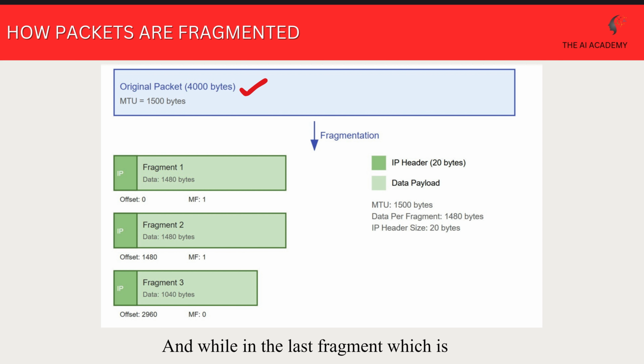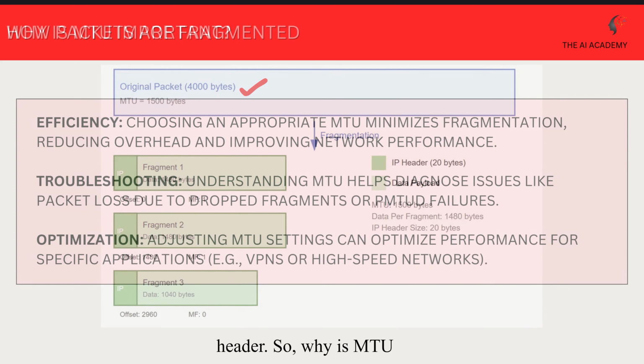While in the last fragment, which is the third, the data is 1,040 bytes, the remaining data, the offset is 2,960 bytes, and the MF flag is not set, which indicates the last fragment. Each fragment is sent as an independent IP packet with its own header.